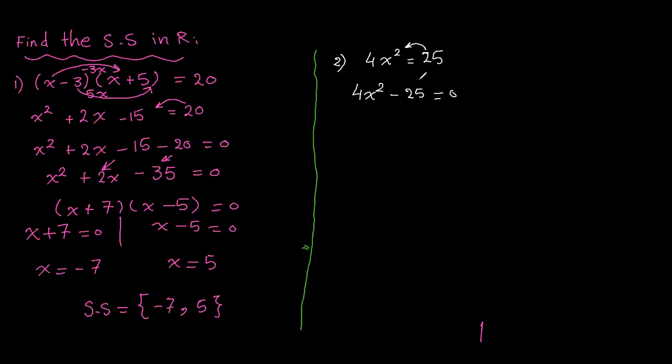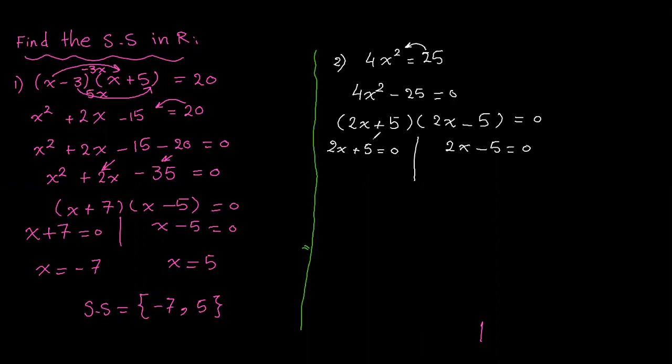We find that this is the form of the difference between two squares: (2x)(2x), and 25 is 5 times 5, one positive and one negative. So 2x + 5 = 0 and 2x - 5 = 0.